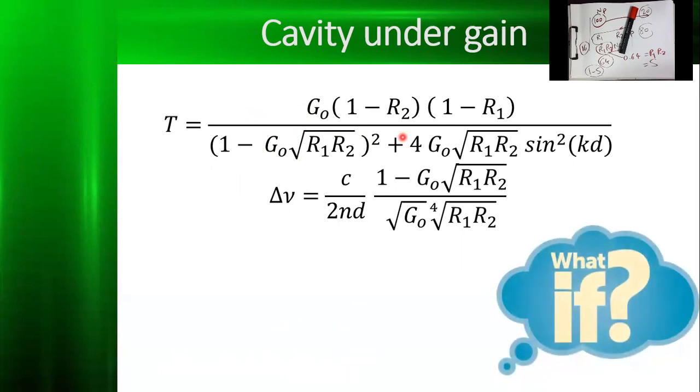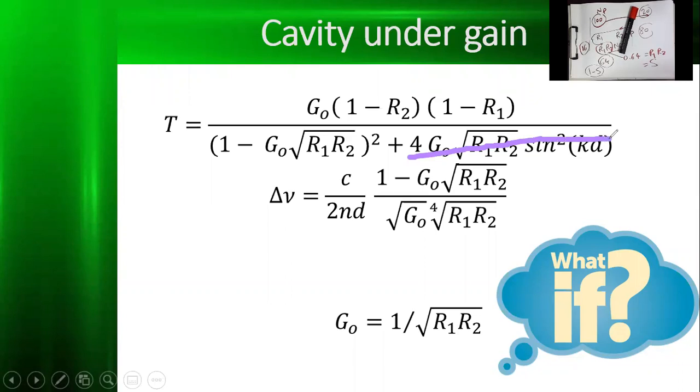But let's see what happens if you adjust your gain to be 1 over root R1 times R2. Okay, so let's see. Now, I just need a pen here. Now, this term will be 0 all the time as long as sine square kd equals 0, which is the condition for resonance.